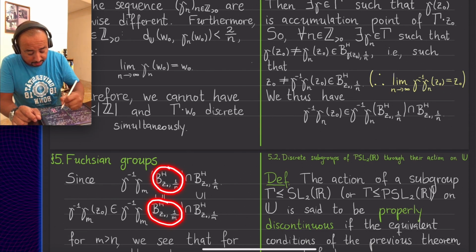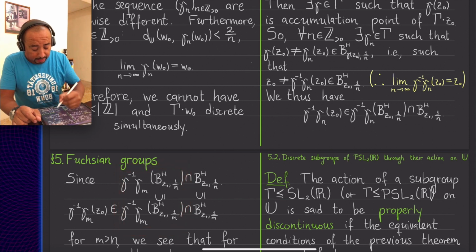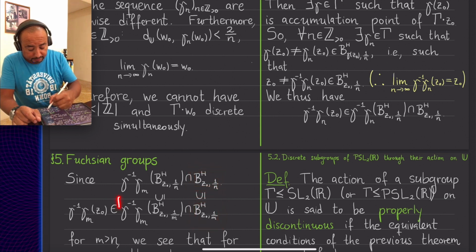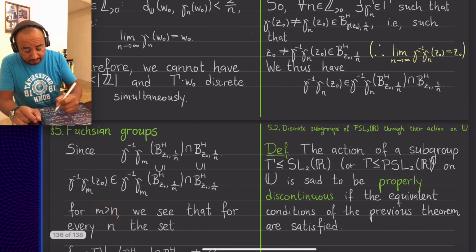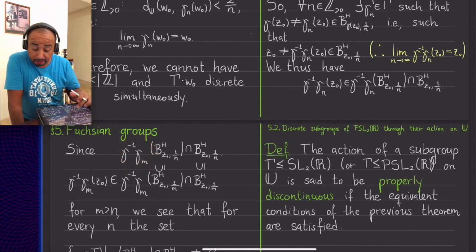So I have this containment. And again, this ball is contained in this ball. Right? So this intersection is contained in this intersection as long as m is greater than n. And notice here is an m, not an n.